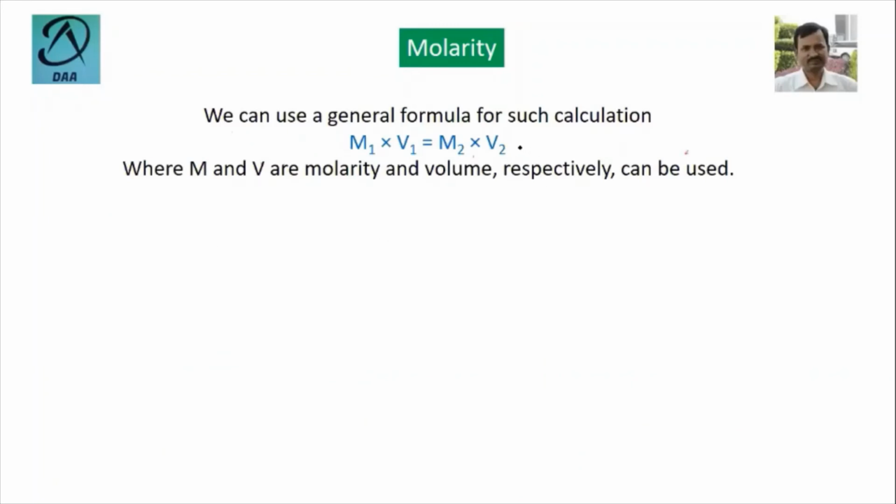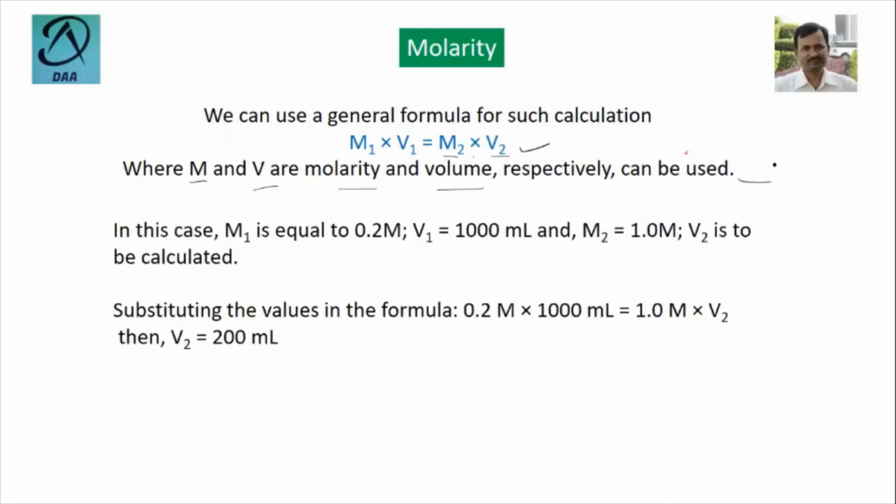Now we can also use this general formula, M1 multiplied by V1 is equal to M2 multiplied by V2. The general formula comes from the previous calculation, where M and V are the molarity and volume respectively. In this case, M1 is 0.2 molar, V1 is 1000 ml, M2 is 1.0 molar, and V2 we have to determine in ml.